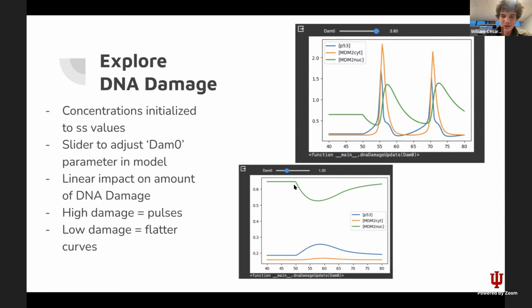While we decrease the DNA damage, the system does not react as forcefully. So the amount of MDM2 in the nucleus does not have to decrease that much in response to a lesser DNA damage.